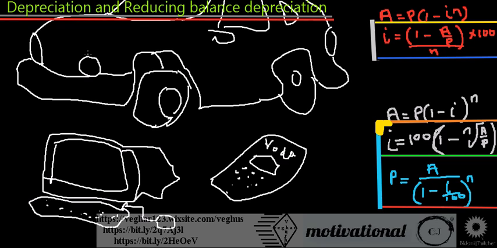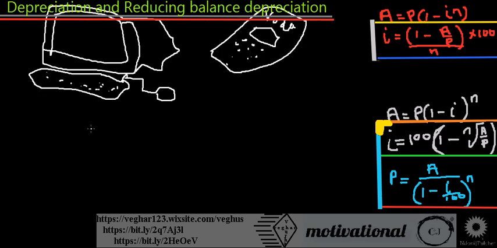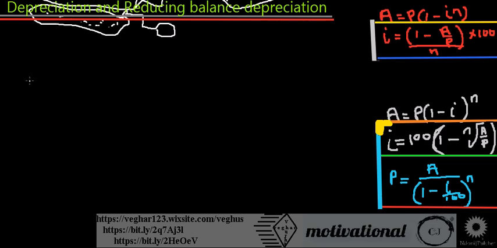So there are two types of depreciation method. There is a straight line method of depreciation.